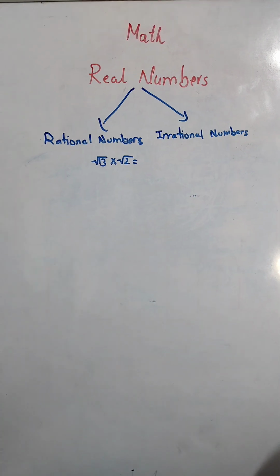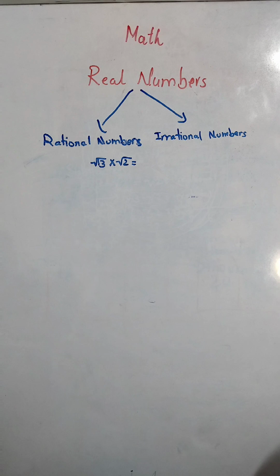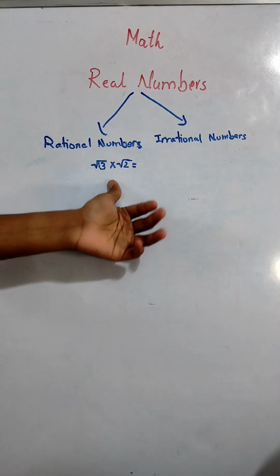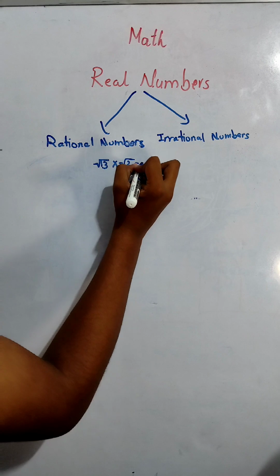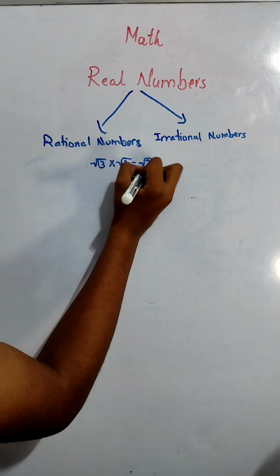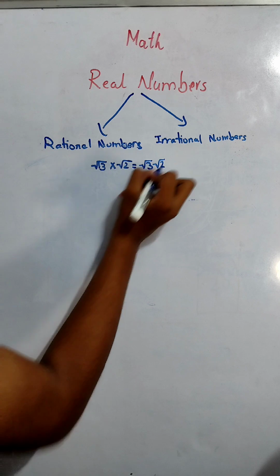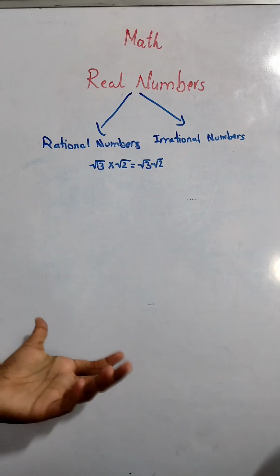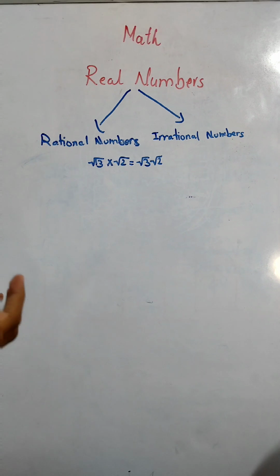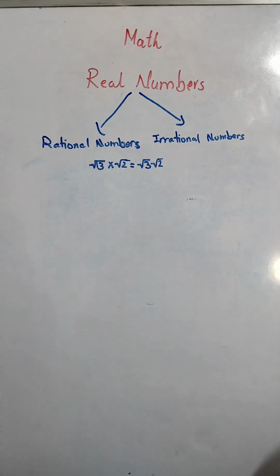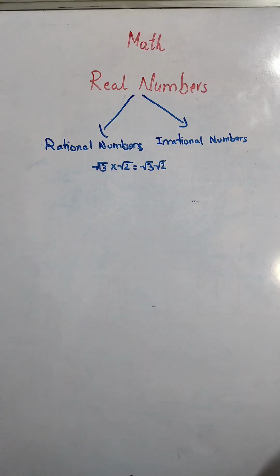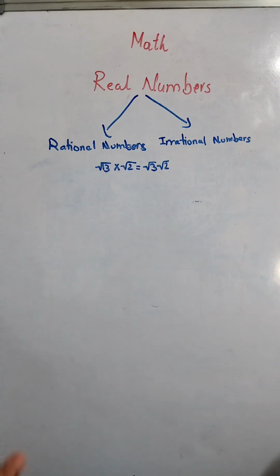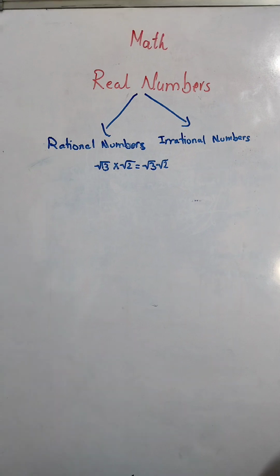So you should always remember that whenever two irrationals have a multiplication sign between them, we should always make them act as variables, like how we write 3a or 11abc or something like that. Whenever there's an unknown value, we just join it with its coefficient.